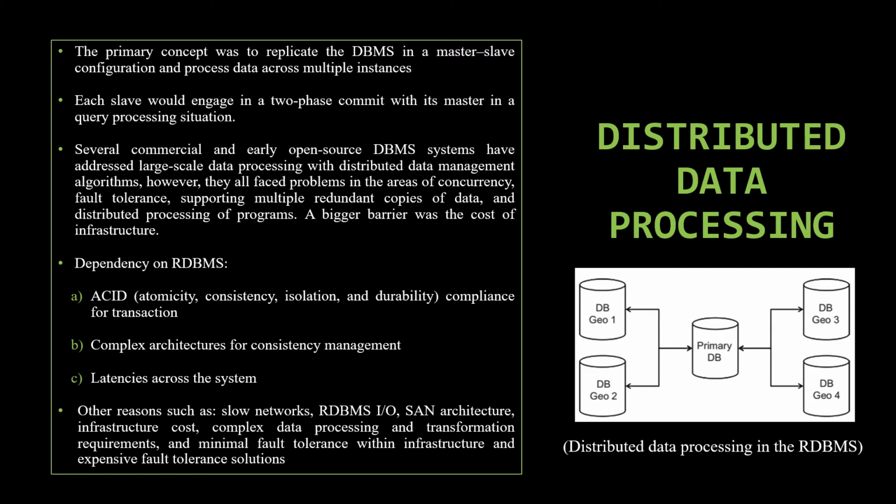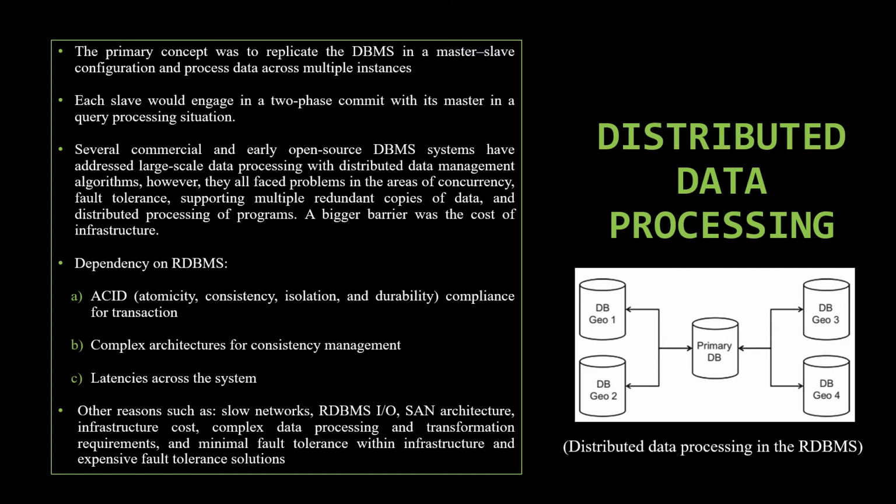The first one is ACID compliance, which stands for atomicity, consistency, isolation, and durability. The second one is complex architectures for consistency management, and lastly is latency across the system.